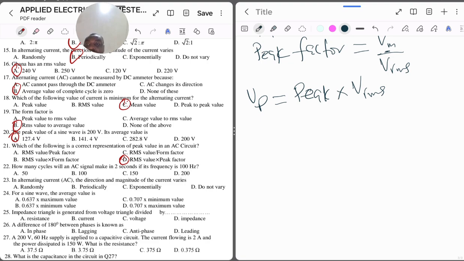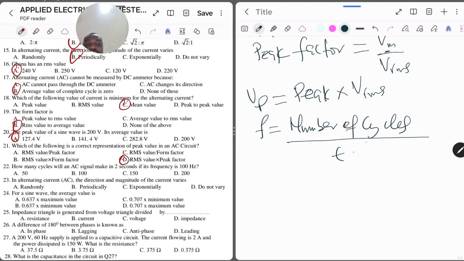Here we are given the time and the frequency, and you are asked to find the number of cycles. We know frequency F equals number of cycles over time.